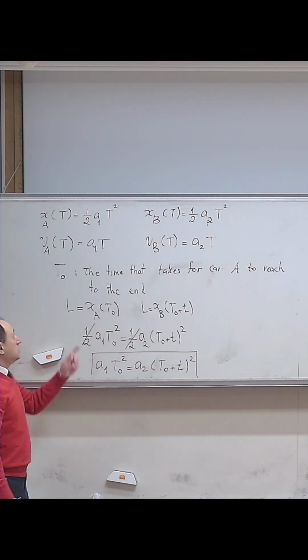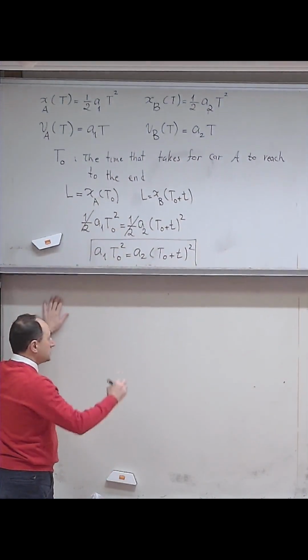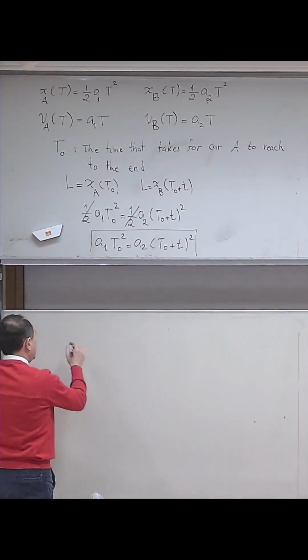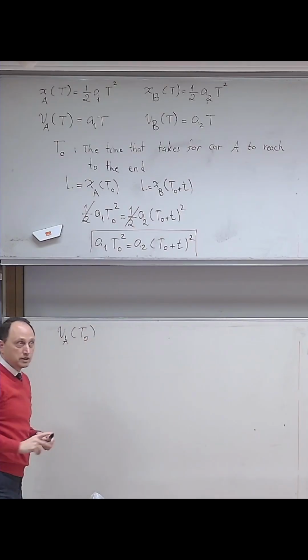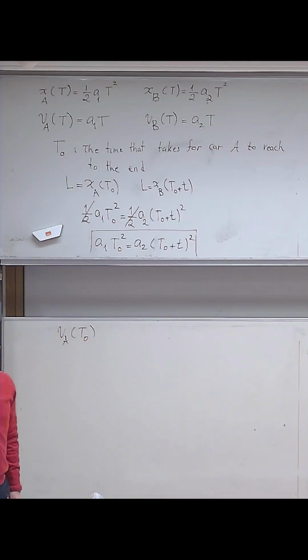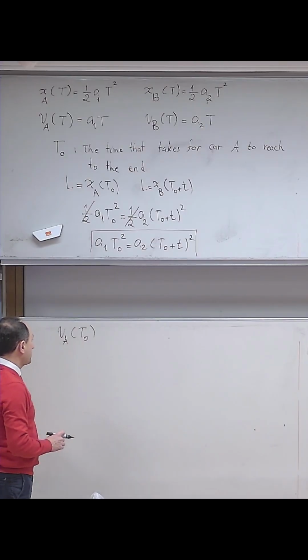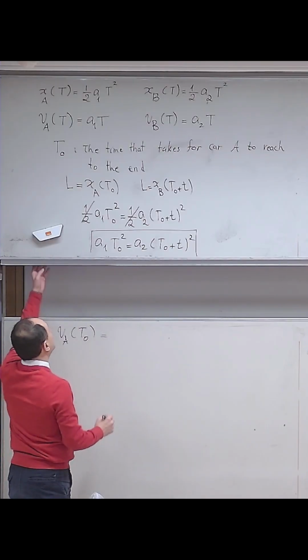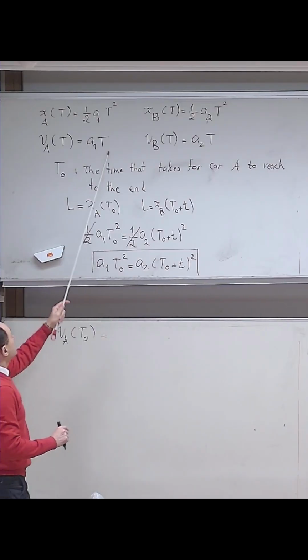But what about velocities? So I know that the velocity of car A when it reaches the end is the velocity of A calculated at t naught. Yes? Okay, so v sub A at t naught is equal to, on the one hand, let me use the formula, a1 t naught.